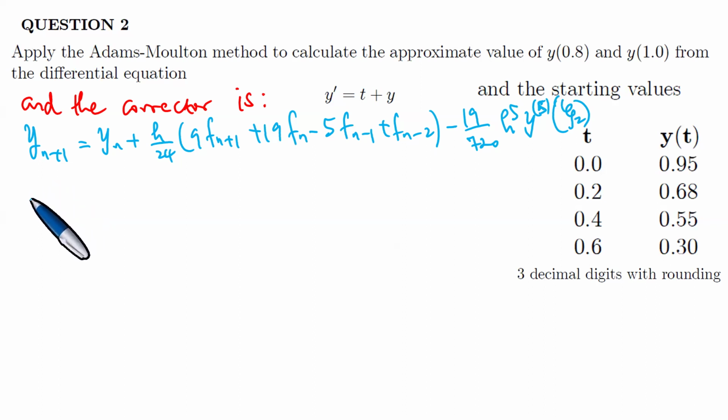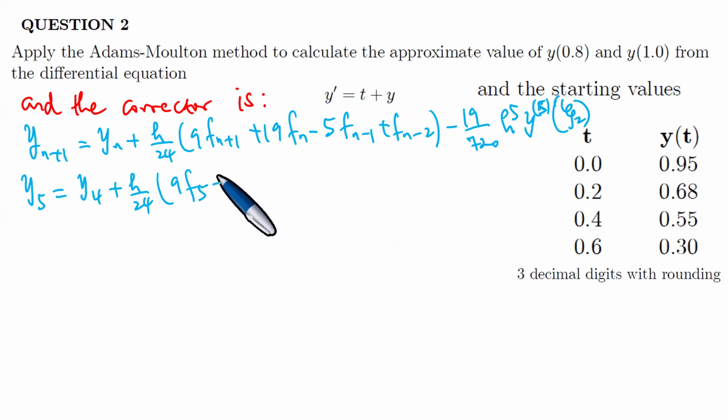But you see, the way we're getting the corrector now, we need to get y5 when n is 4, which means y5.